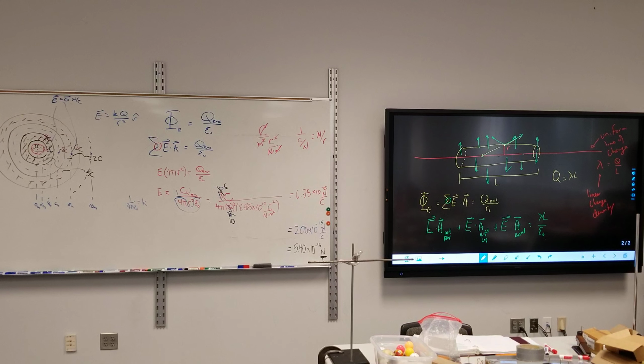Considering I have left cap, right cap, barrel, if you had to pick out two that were going to be equal to 0, which ones would they be? The caps. Okay, so the caps are equal to 0. Now, the real question, why? Why is the electric flux through the end caps equal to 0?